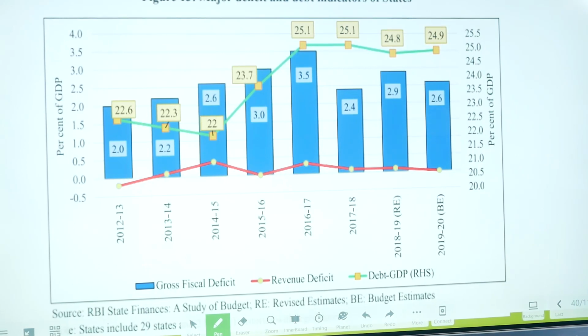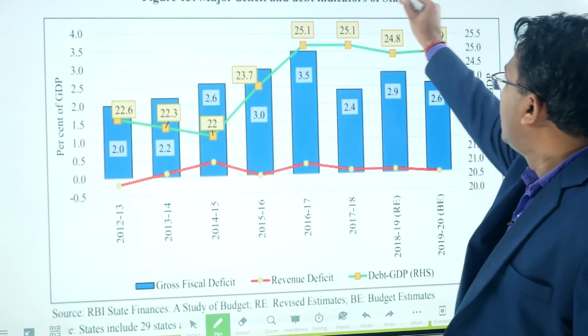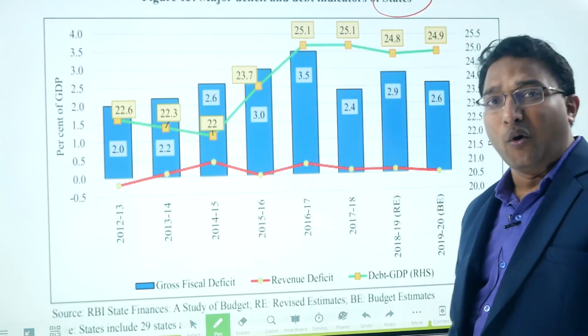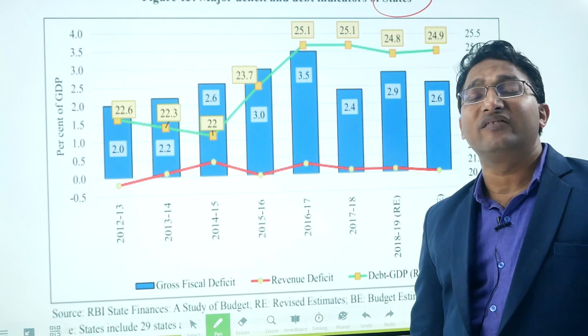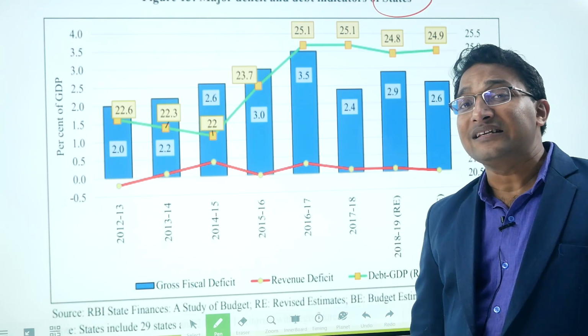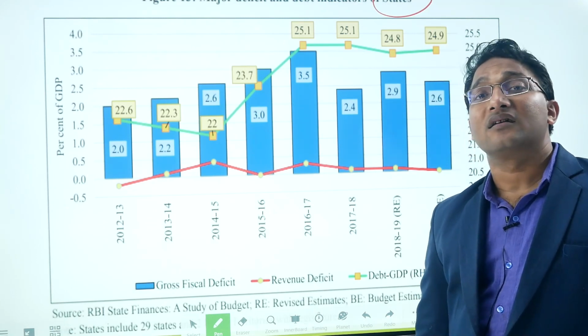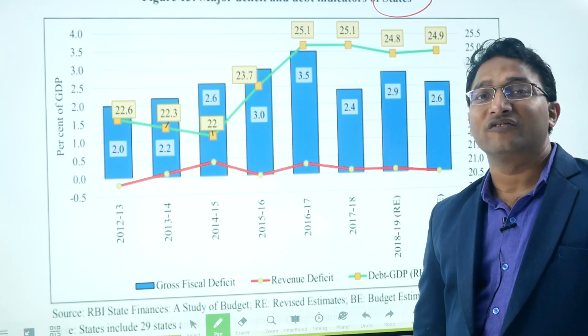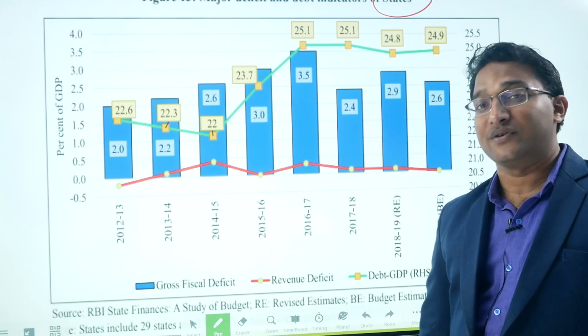Major deficit and debt indicators of states. States' deficits are also important. We should also see the performance of the states, because states are part of the general government, and the NK Singh committee has recommended that the combined debt of state and center should be 60%.